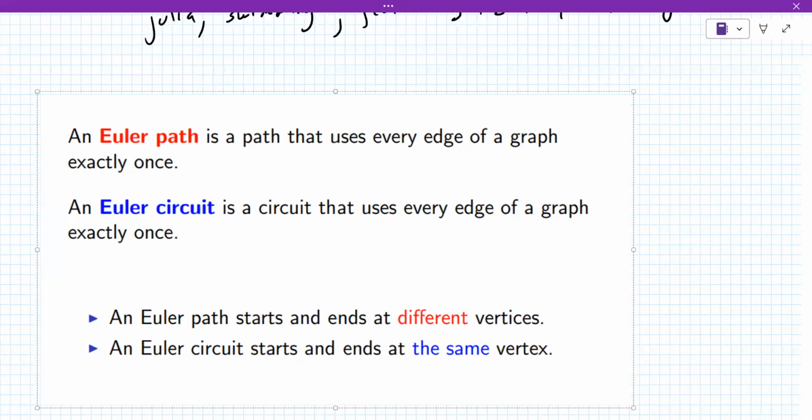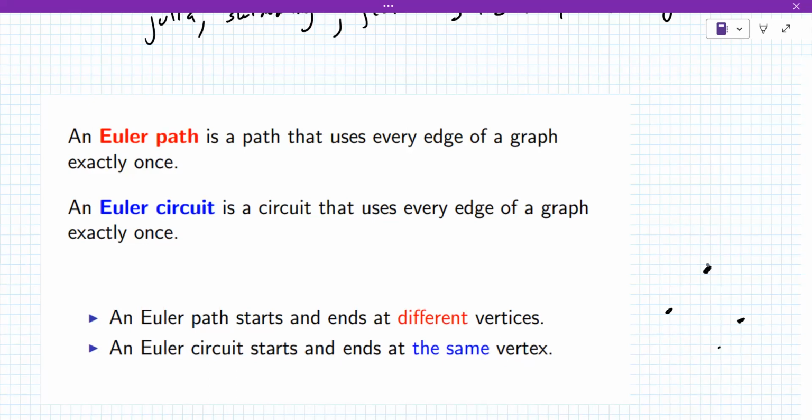All right, so you sometimes see these. They're like, can you draw something that touches one time, or starts and stops at one place?